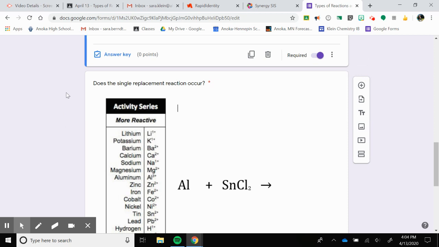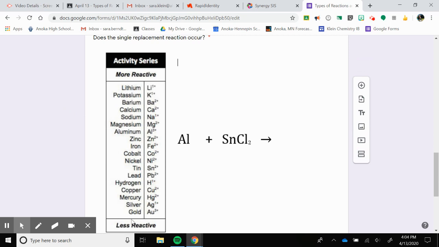Looking at the problem with our single replacement reaction, and does it occur? So we have the activity series, and you will only use the activity series for problems I provide it for. The activity series tells us which elements are more reactive than others. Again, more reactive just means that it wants to be in a compound.